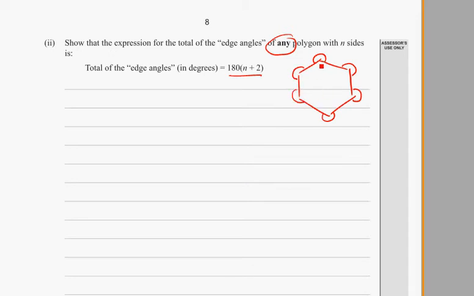We can work out what all the interior angles add up to. Remember it's got n sides, so n minus 2 times 180 equals sum of interior angles.